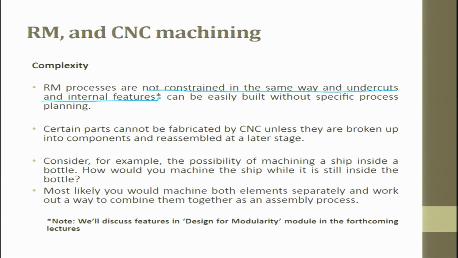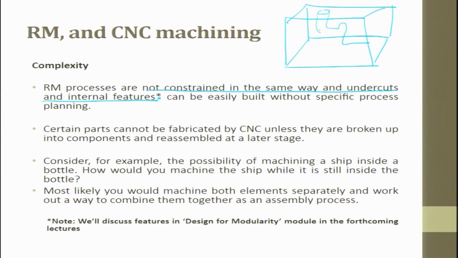Certain parts cannot be fabricated by CNC unless they are broken up into components and reassembled at a later stage. For example, assume that I have a block. In the block, suppose internally I wanted to make a hole or make a channel like this.